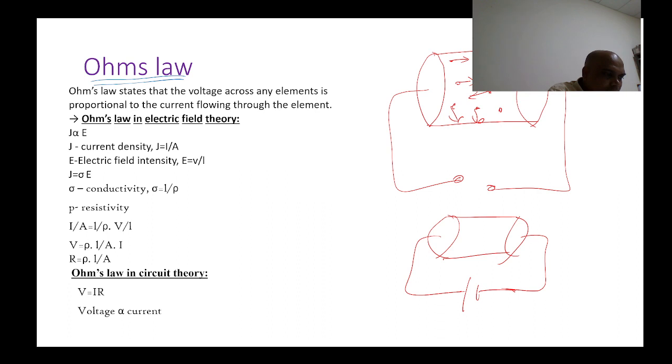Electrons are randomly moving. There is no electric field. But if you apply an electric field, all the electrons are moving in a uniform direction, in a uniform way.